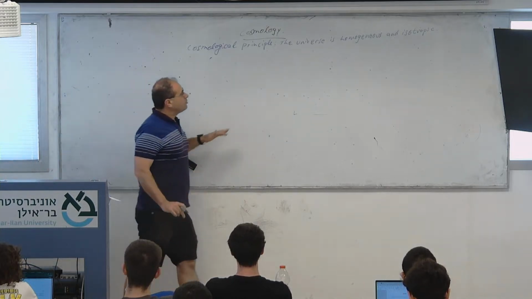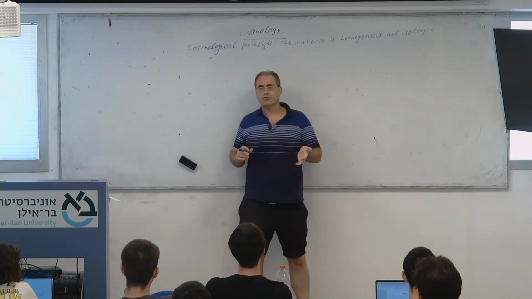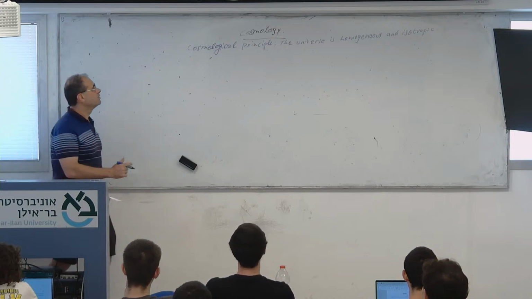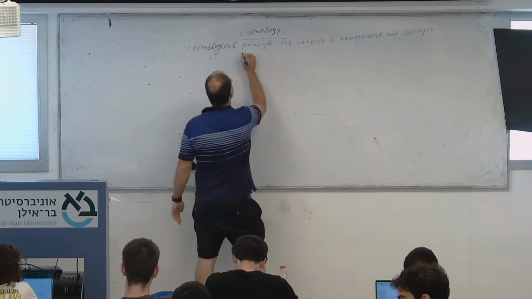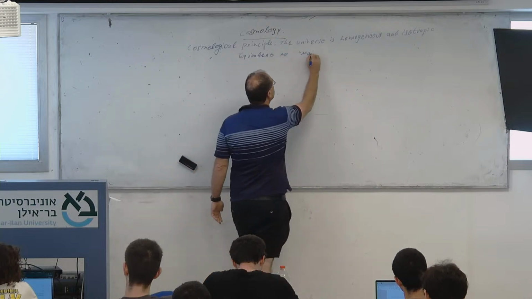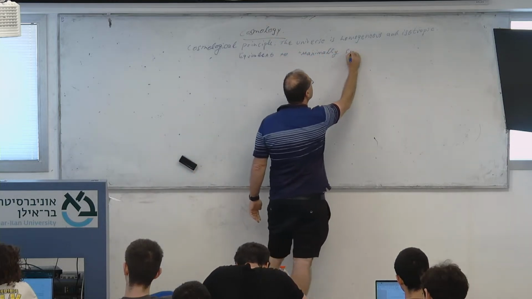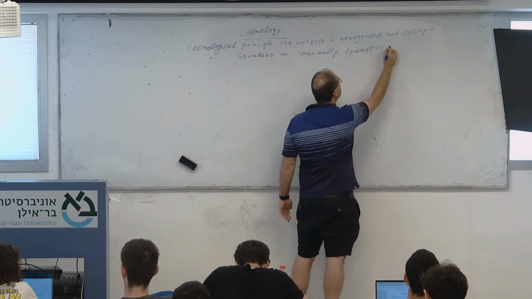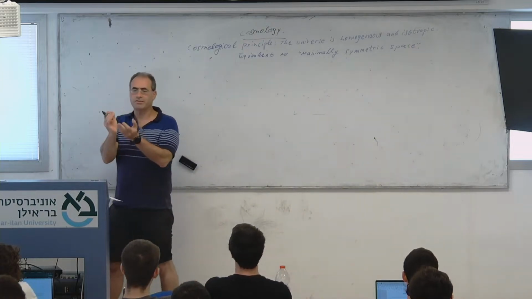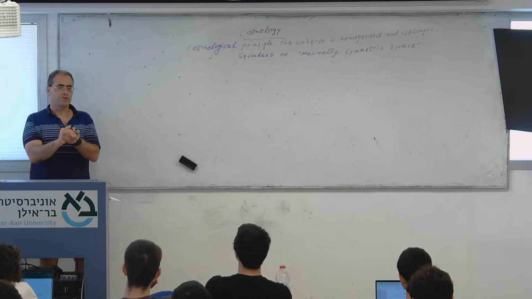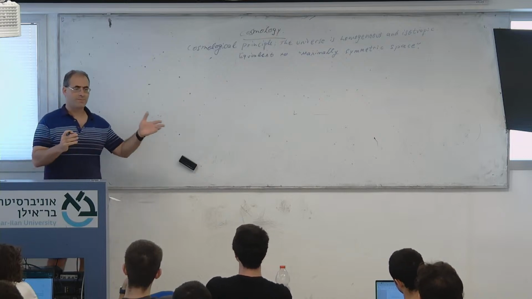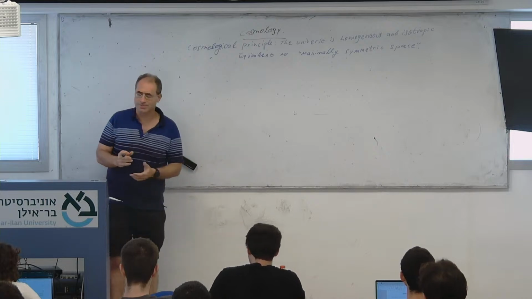And mathematically, when we say homogeneous and isotropic, this is translated into what's known as a maximally symmetric space, which intuitively is what you think it is, right? A sphere is a maximally symmetric two-dimensional space, while an ellipsoid, like an American football ball, is not maximally symmetric.